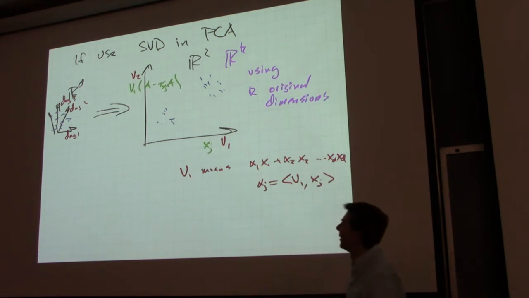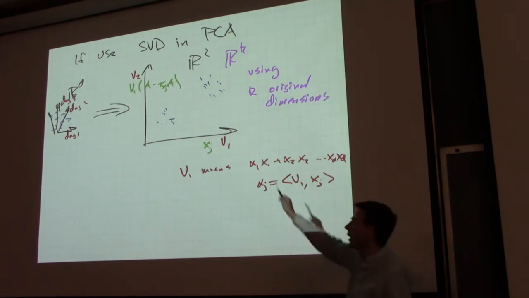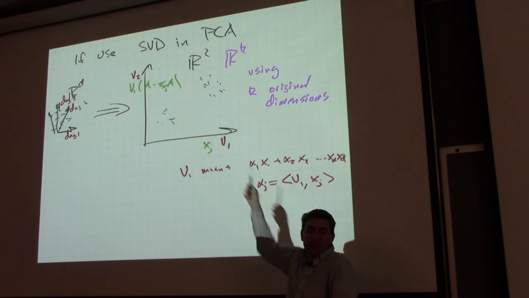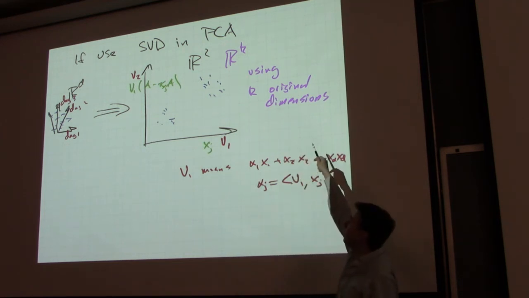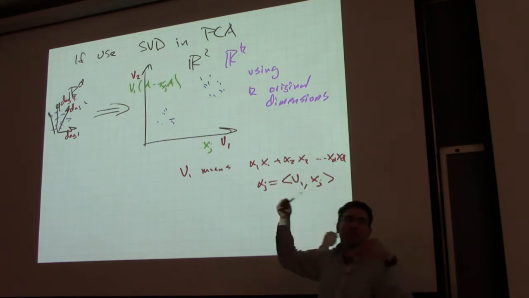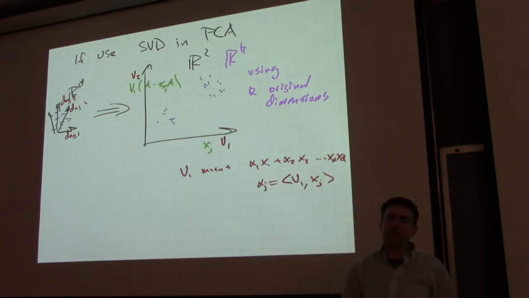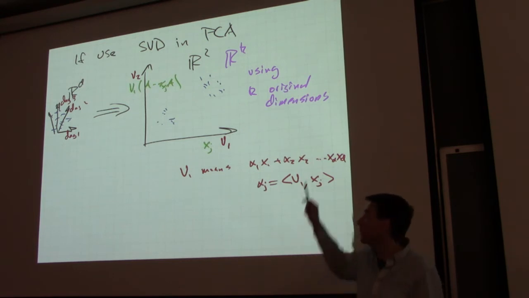I might not be able to go down far enough to plot it, or maybe I can pick the 2 most informative ones and plot them. But if I can just write down the 5 or 10 most informative coordinates that really capture the variation, let's ignore the other 90 or 990 dimensions and just look at these. These capture what's going on. So I'm going to try and do this.